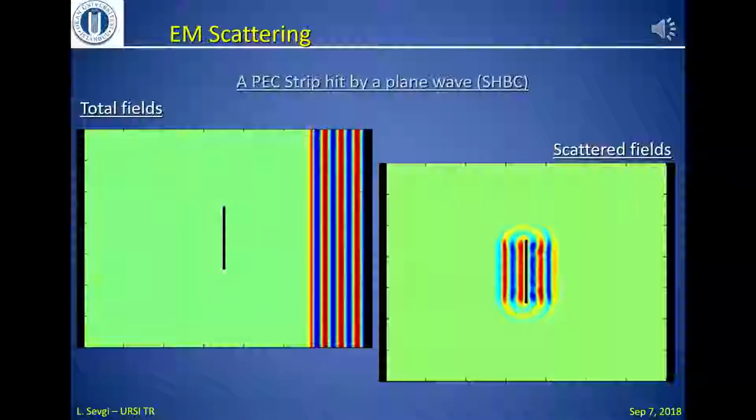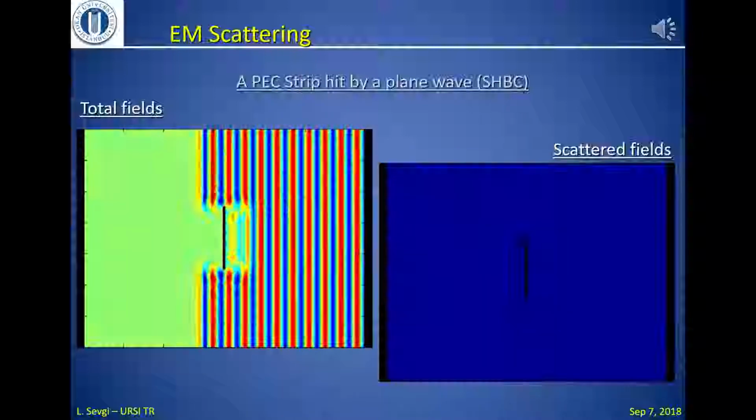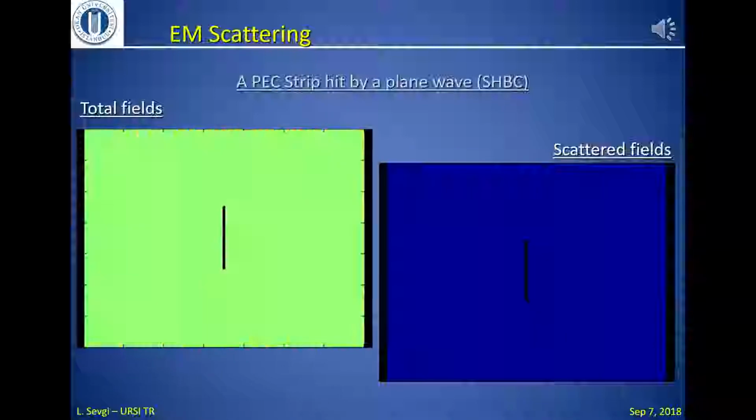These two videos are about a PEC strip hit by a plane wave. On the left, total fields are given. On the right, only scattered fields are recorded.